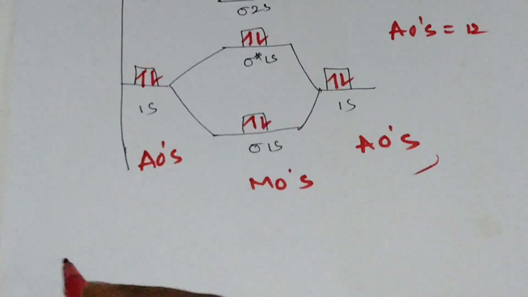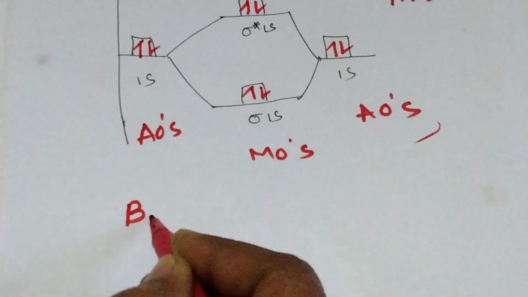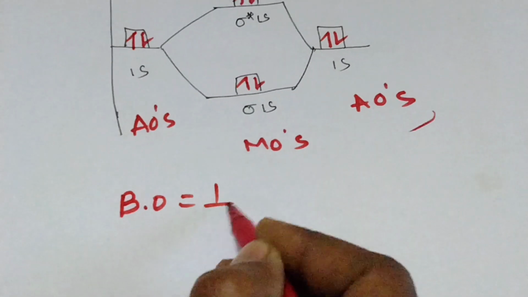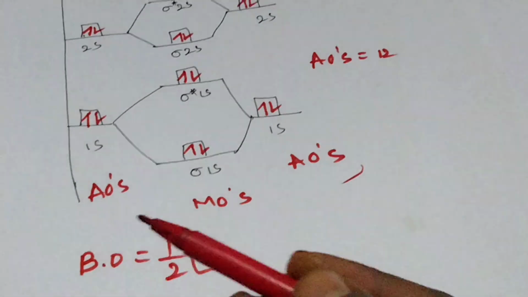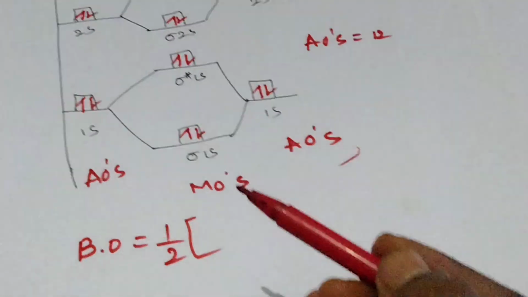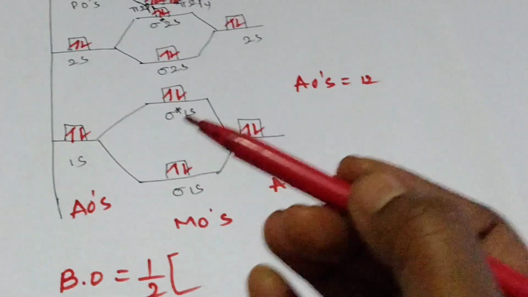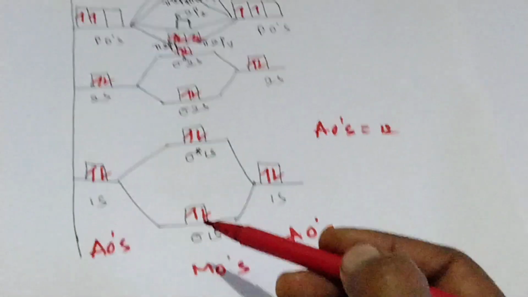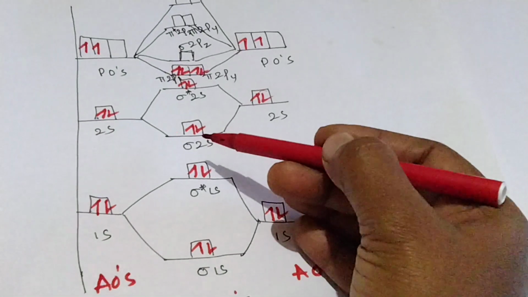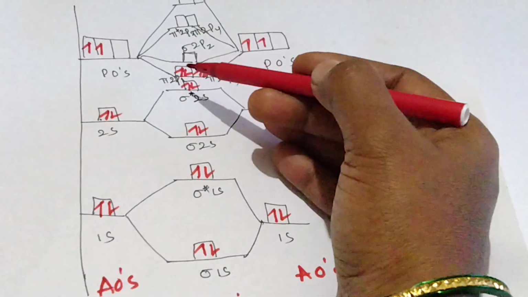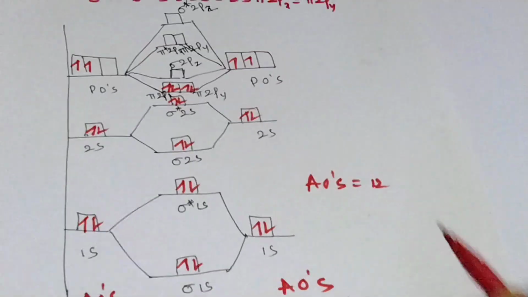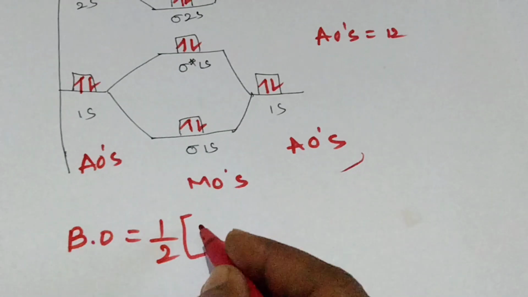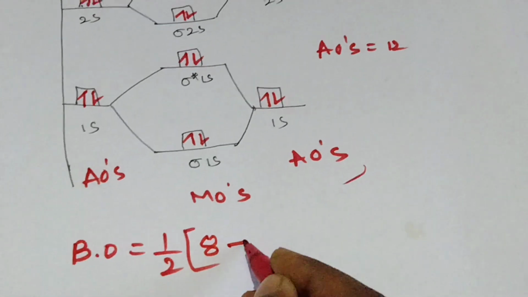Okay, now let us calculate the bond order. We know that the bond order is half of the difference between the number of electrons present in bonding and antibonding molecular orbitals. In the bonding molecular orbitals, we have to count the number of electrons here. 2 plus 2 is 4, plus 2 is 6, and plus 2 is 8. Total there are 8 electrons.